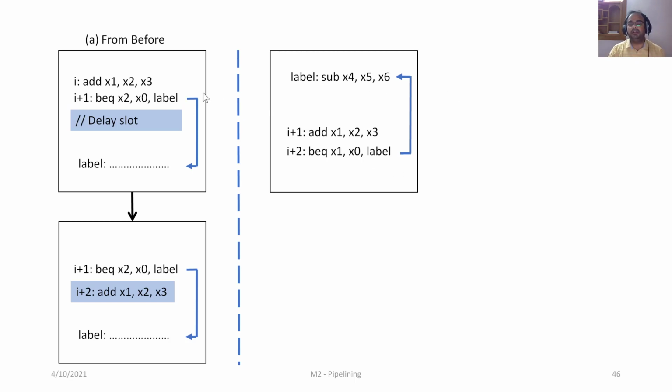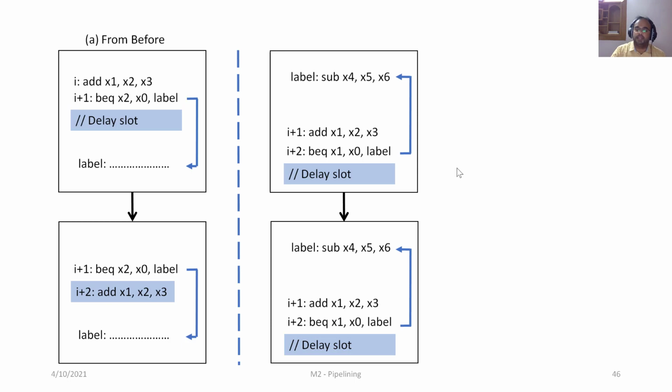Now we cannot use scenario A here because there is a data dependency between I plus 1 and I plus 2. So the compiler cannot move this add instruction below this BEQ, which is the delay slot. What it can possibly transform is something like this.